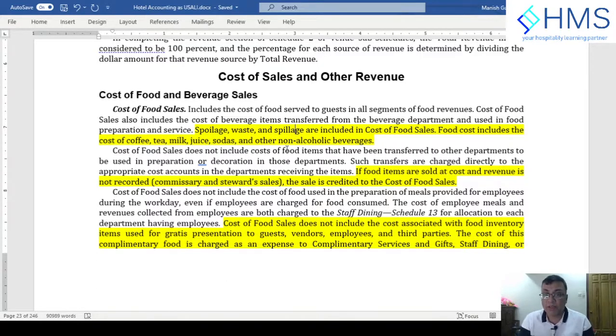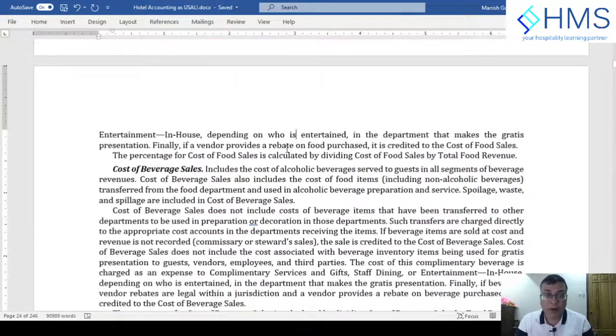Then you have the other part, the entertainment in-house. Similarly, the cost of beverages is treated the same way. It's only the cost of alcohol beverage that goes to the cost of beverages. But similar to the food, if something has been transferred to the rooms department, let's say you are giving a complimentary wine to a guest for their 50th stay, the cost should be charged to the rooms department.